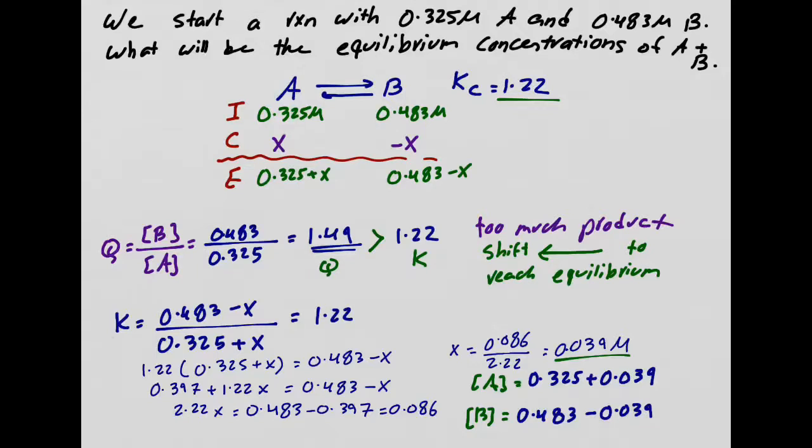Where am I getting this from? I'm getting them from here. I'm just plugging this in. So the concentration of A ends up being 0.364, and the concentration of B, it would be 0.444. Okay, these are all molarity.